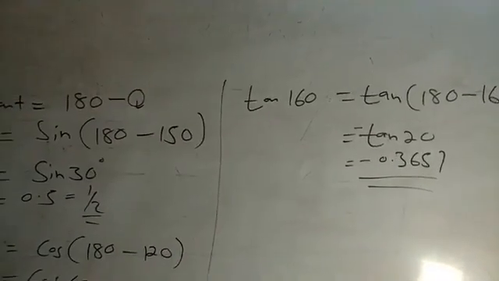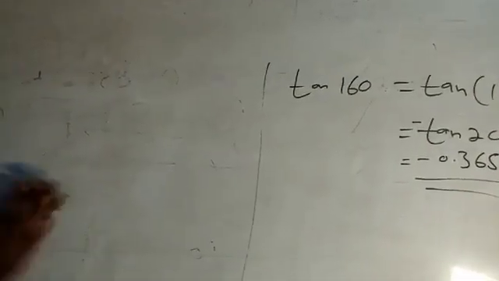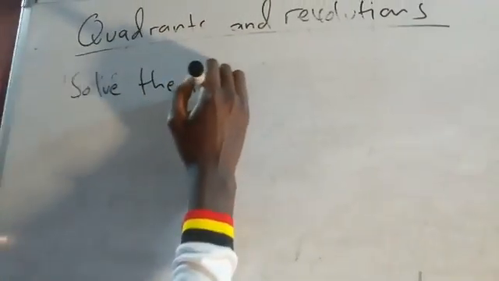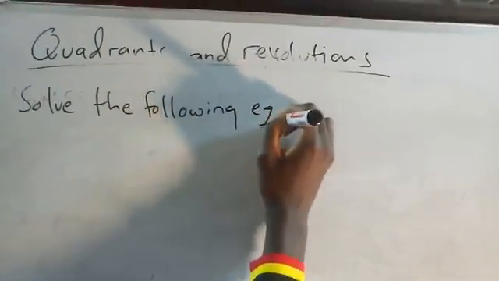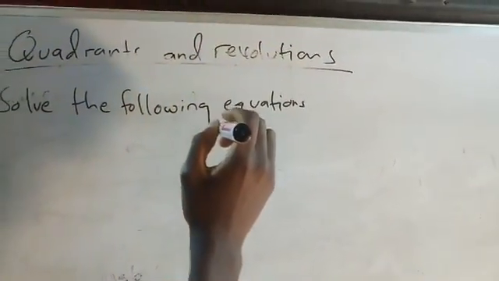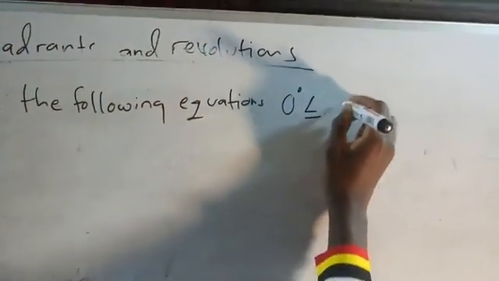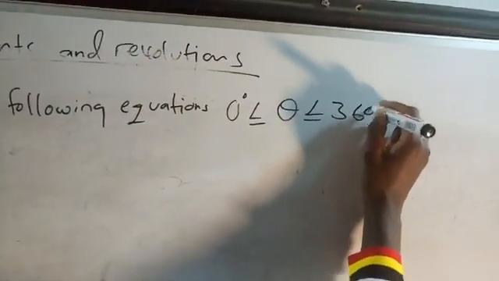Solve the following equations in the range 0 degrees is less than or equal to theta, and theta is less than or equal to 360 degrees.